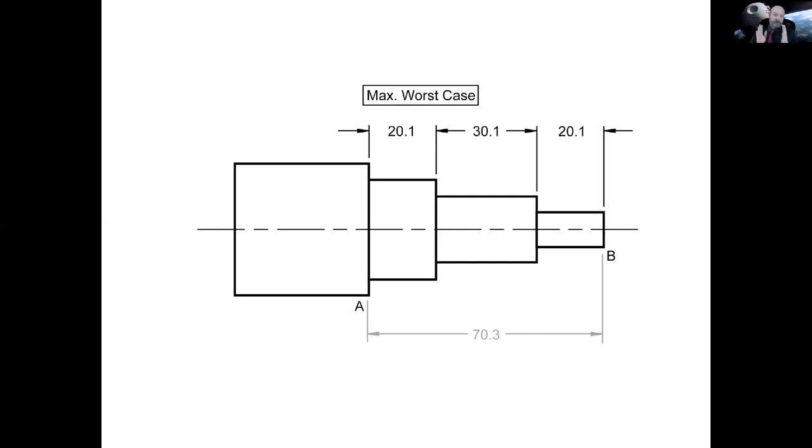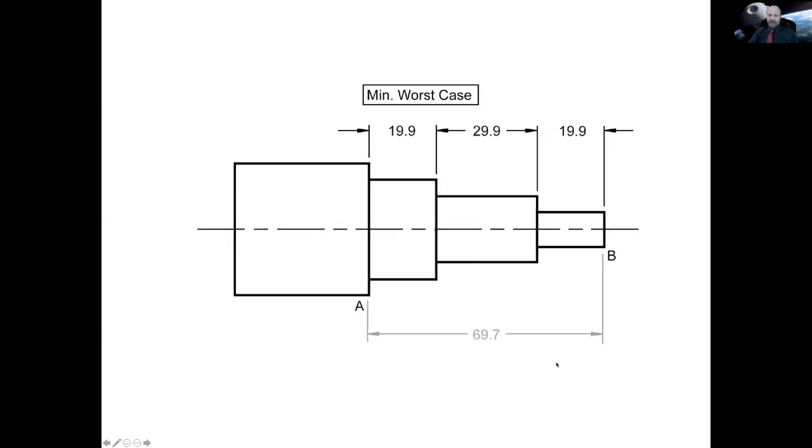It's still within tolerance. We haven't broken any tolerance rules. It's still going to pass inspection. It's not going to get thrown away. So you have 20.1, 30.1, 20.1. So that's on the big side. The distance between A and B is going to be 70.3 in the worst case.